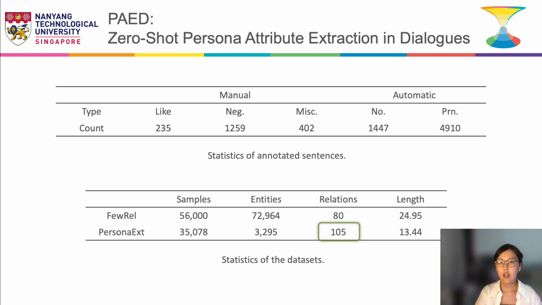As is shown, our dataset has relatively more relation types than RTE datasets, FewRel, but much fewer entities than FewRel. Here, RTE is short for relation triplet extraction. This means the subject-object pair in PAD task can be connected by more relation types than that in RTE task.